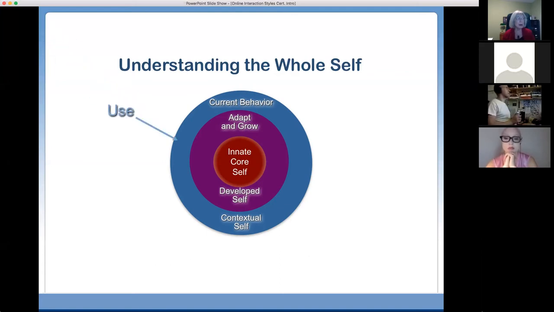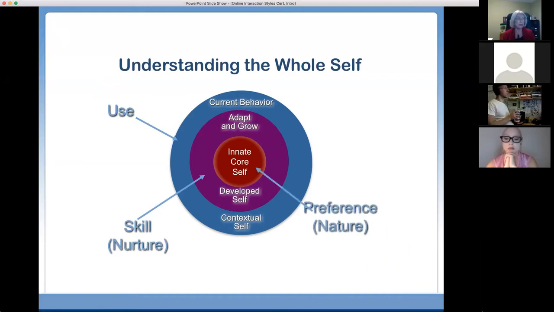We think about the writing activity. That's use. That's what you did. We think about skill. That's your nurture. That comes in the developed self. And this preference or talent, like naturally right-handed or different kinds of talents that are there, is what is nature. There is some of nature in all of us, and there is a great deal of nurture in all of us.